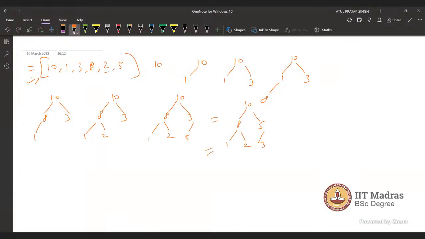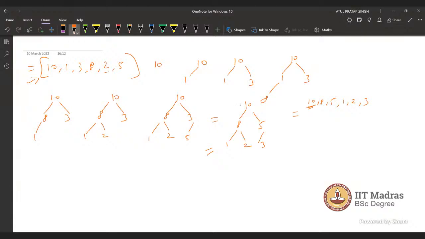We created the max heap for the first time. The list representation of this max heap is 10, 8, 5, 1, 2, 3. In a max heap, the largest element comes at the first position.